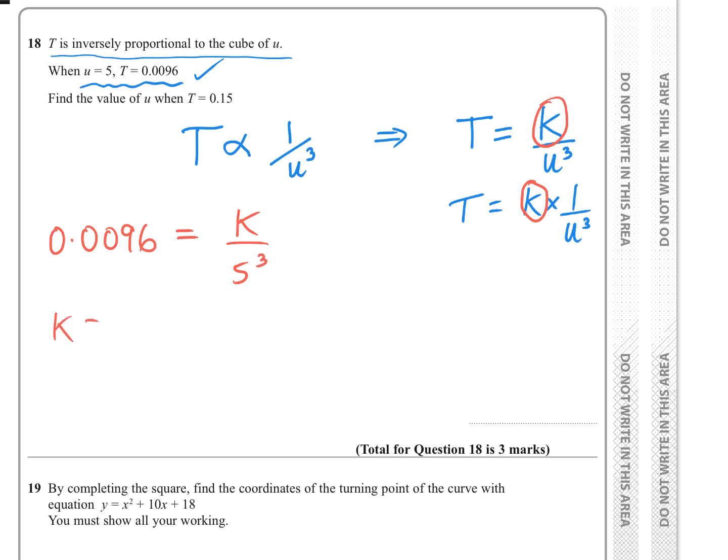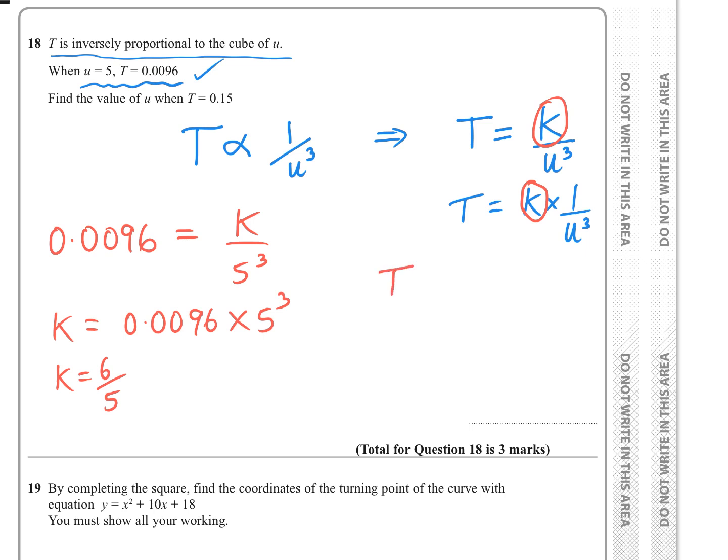So that means k would be 0.0096 times 5 cubed, and we can do that on the calculator. So let's have a look what that gives. 125, that's 5 cubed, times 0.0096. Well, I get here that k is 6/5. You might get 1.2 on your calculator, which is fine also.